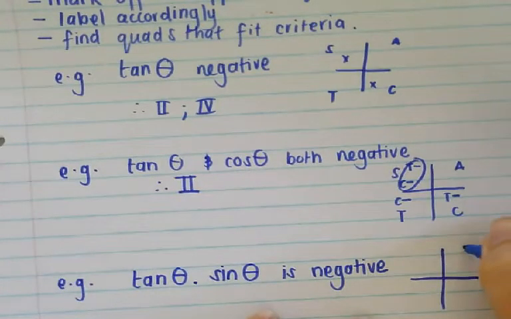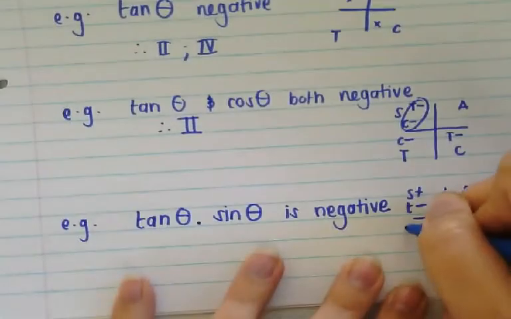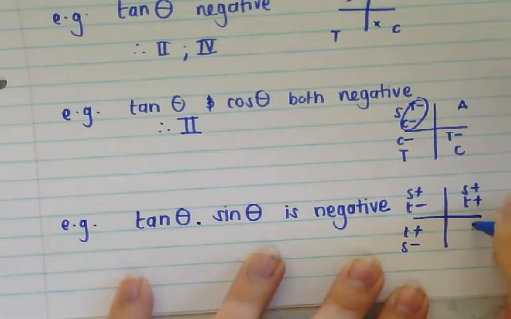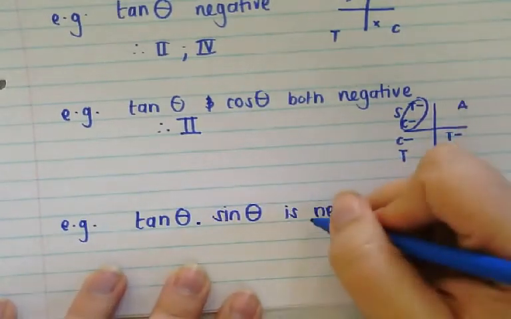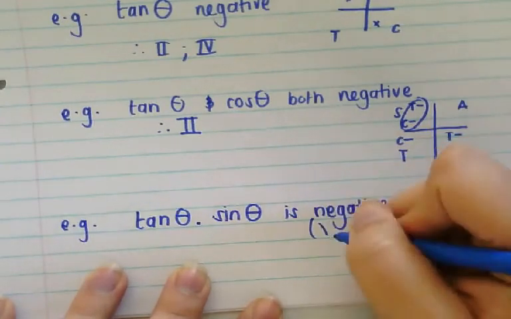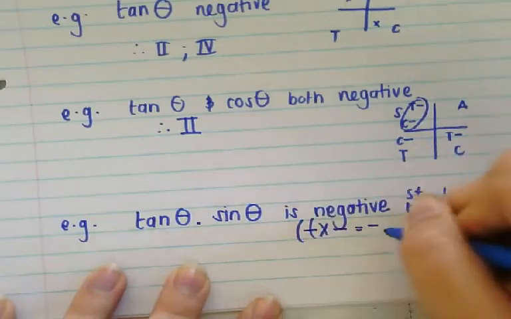So we know that sine positive, tan positive; sine positive, tan negative; tan positive, sine negative; and tan negative, sine negative. Now the only way to get a negative is positive times negative equals negative.